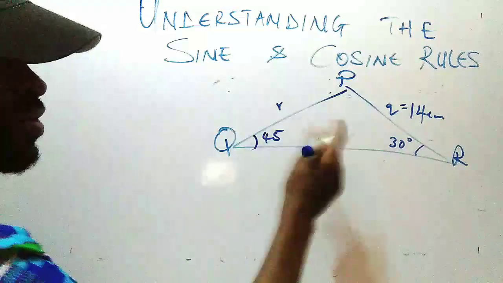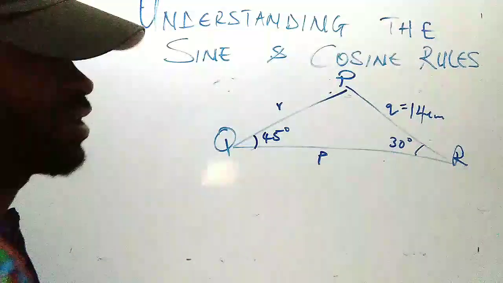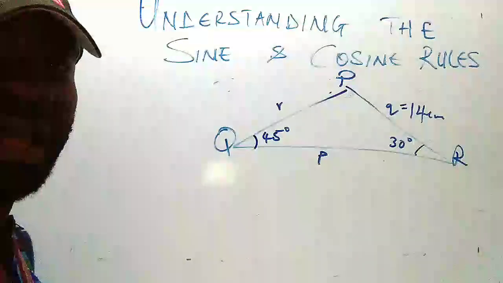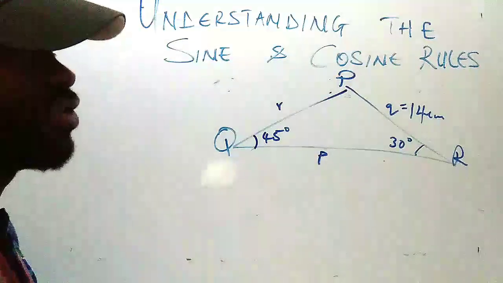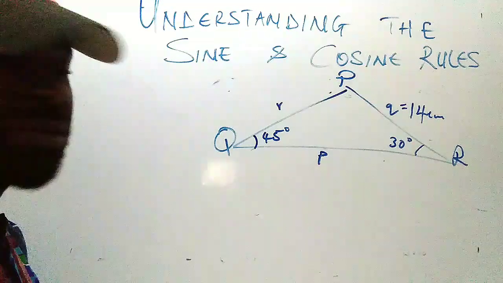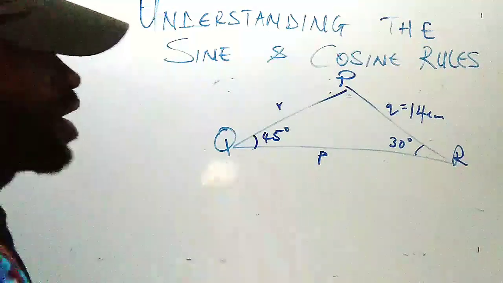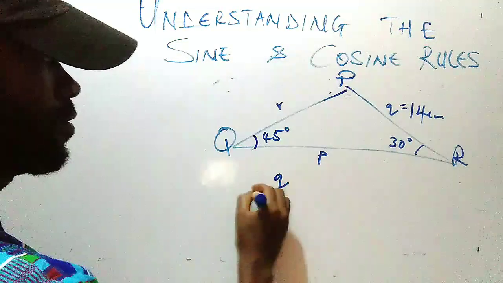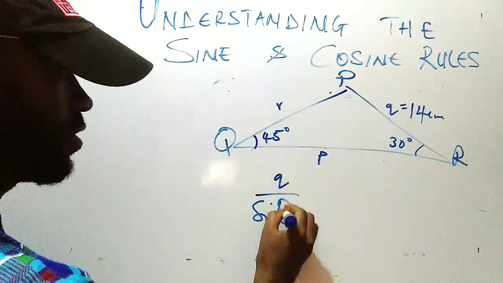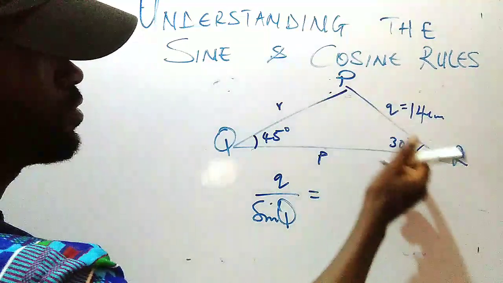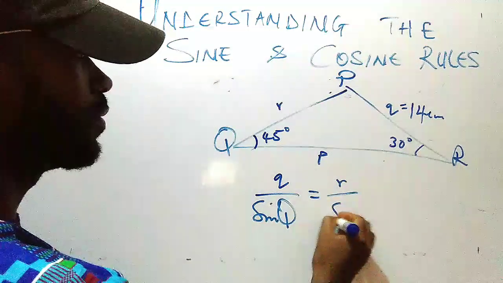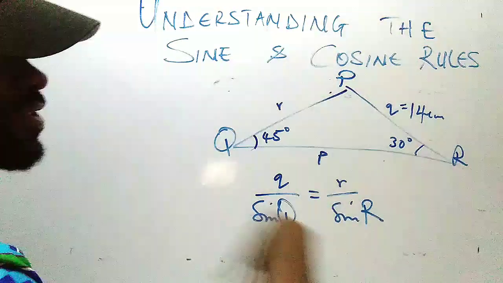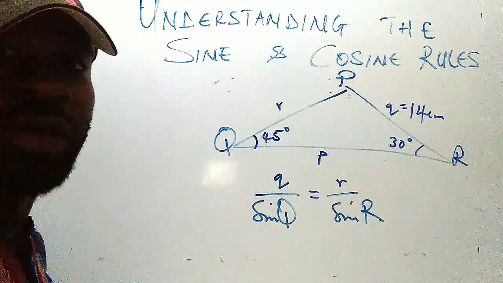You can see two angles and a side, and the side is opposite one of the angles, so we can apply our sine rule. These are the two conditions in which we can apply the sine rule. Therefore, our formula for this will be q over sine Q is equal to r over sine R. So this is the sine rule that we are going to apply.